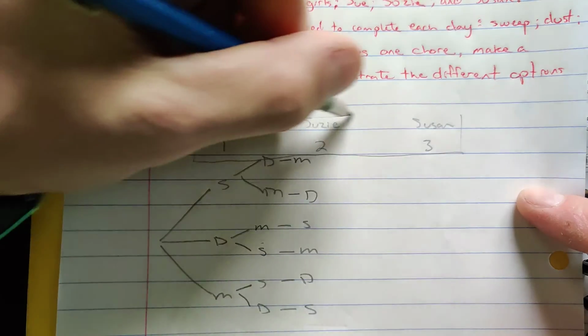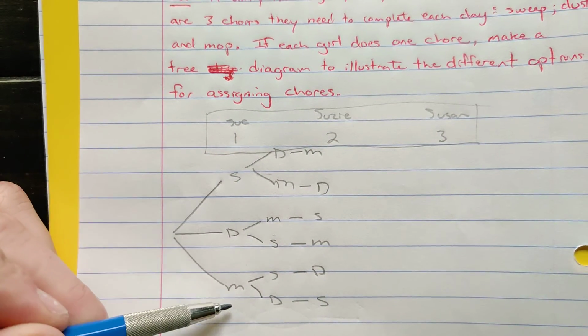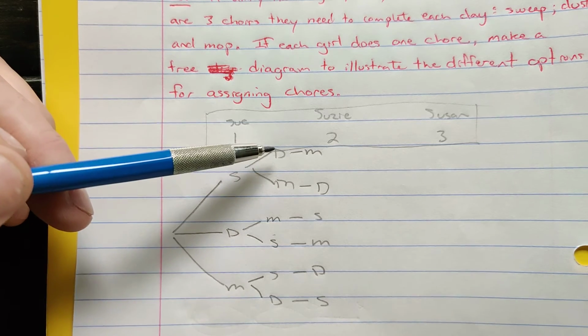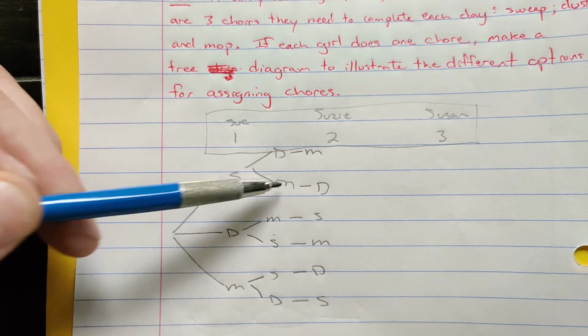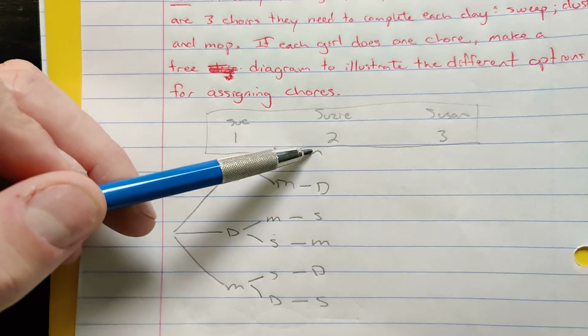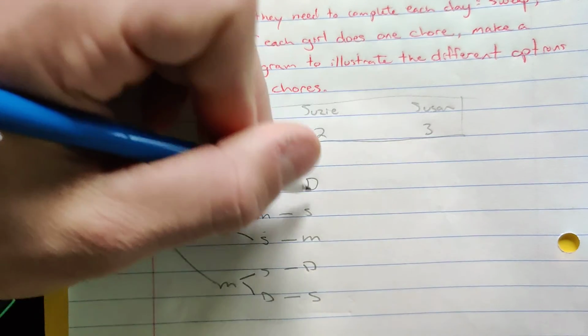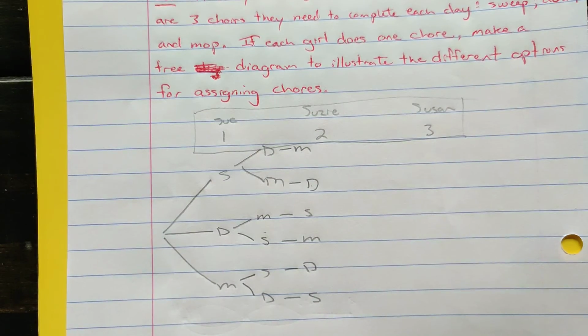This is just to show us our levels, who is in each level. So Sue has 3 choices. And then when it comes down to Susie, Susie gets 2 of the remaining choices. And then Susan gets 1 choice in total. So there's a total of 1, 2, 3, 4, 5, 6 different possible ways of assigning those chores.